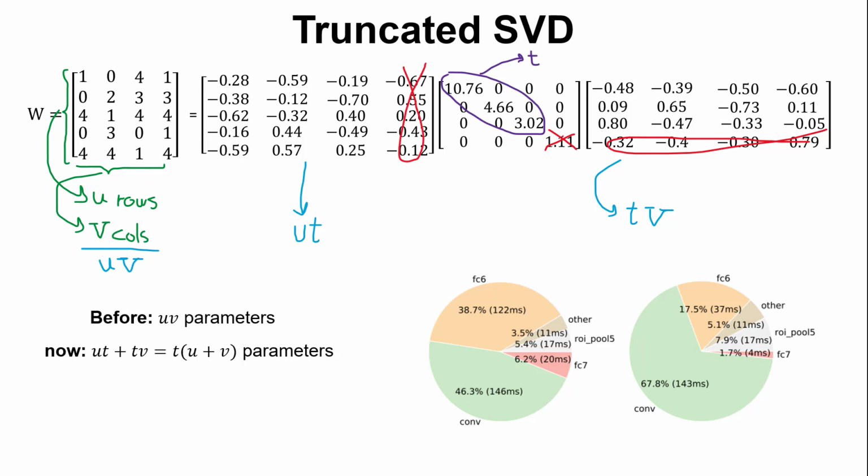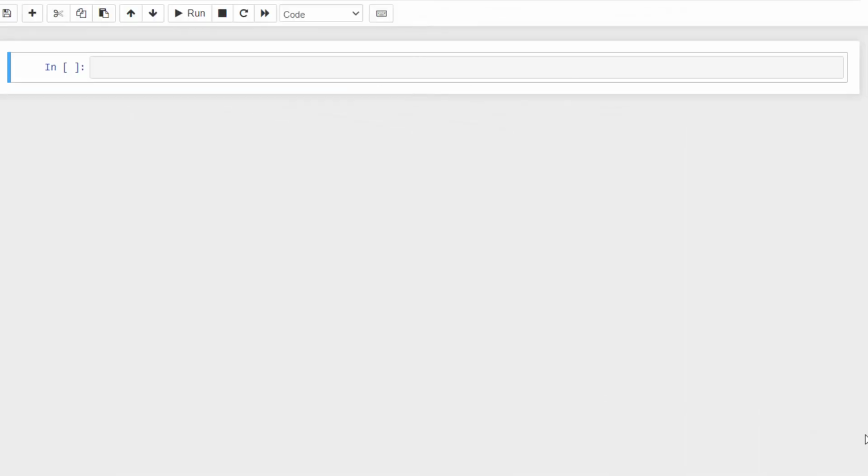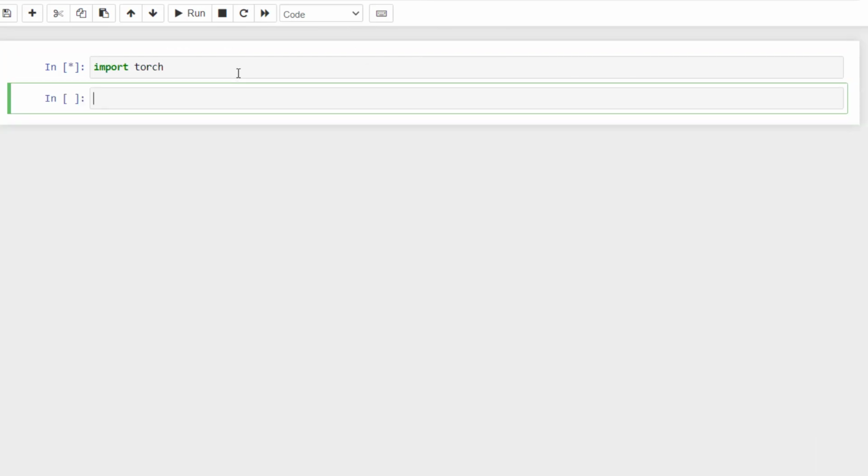But if you'd like to know how we can use this truncated SVD in practice using PyTorch, then keep watching the video. Alright, so the first thing we need to do is to import the torch library, and let's assume we have a sample weight matrix W, which is torch.arange(12).